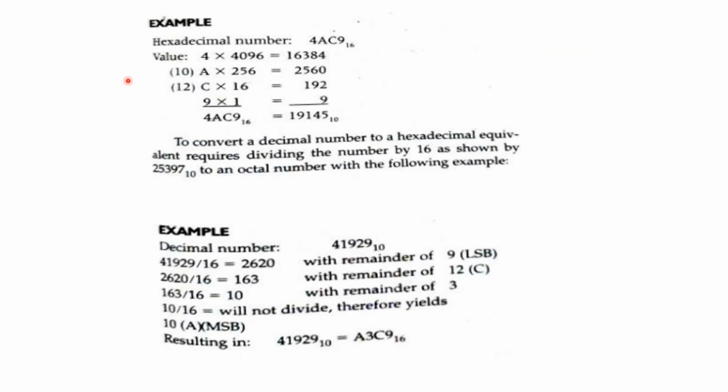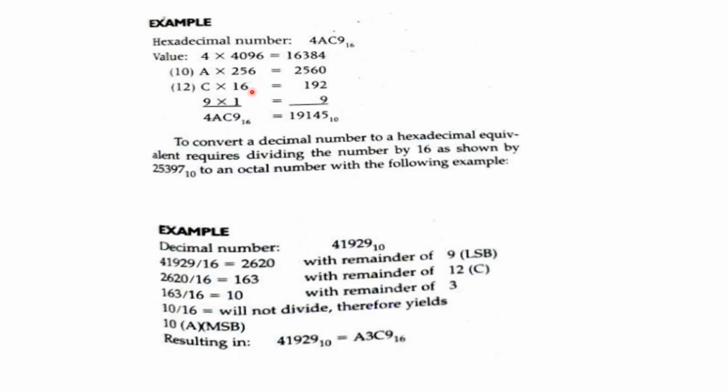Okay, so this one is showing us how a hexadecimal number is converted to decimal. So for example here, 9: for this one, it's 16 raised to the 0, then 16 raised to the first power, until the third power. So you just multiply by the place value. So 9 times 1 is 9. The equivalent of C is 12 in decimal, so times 16.